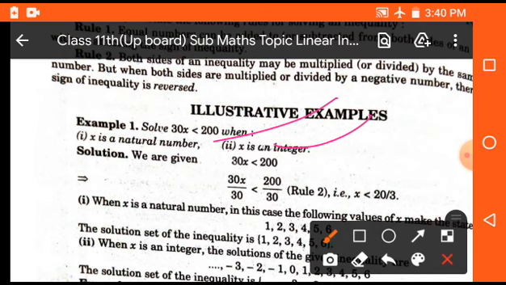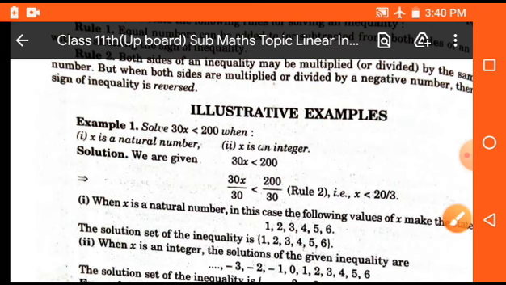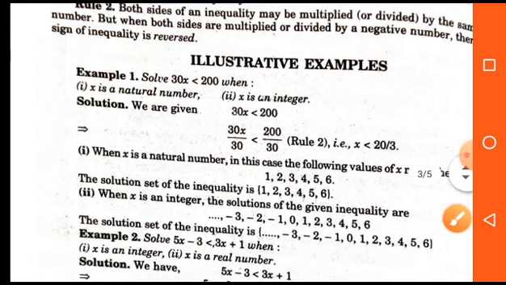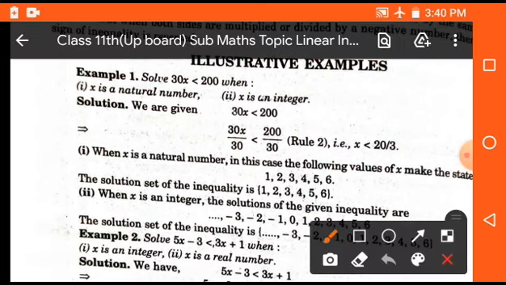Now consider the first condition. On solving the linear inequality, we get 30x upon 30 is less than 200 upon 30. On solving, we see that x is less than 20 upon 3. It means that if we consider x as a natural number, then x is equal to 1, 2, 3, 4, 5 and 6.